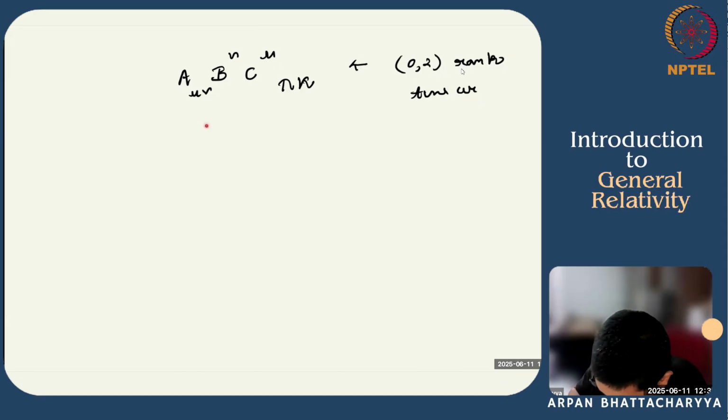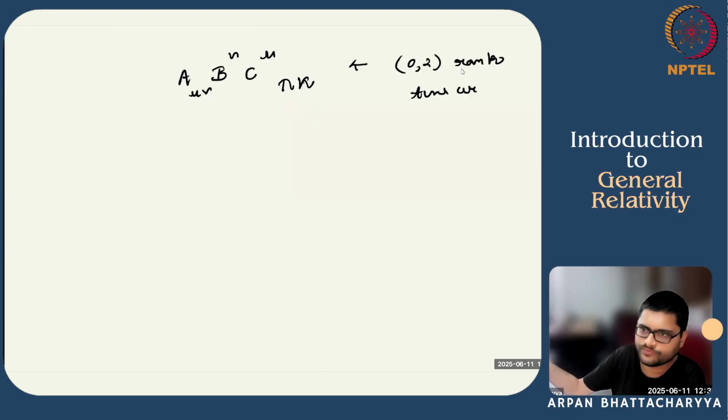So the lesson is that whenever you are doing this contraction with multiple tensors, the end product will transform according to the number of free indices. In this case, there are two free indices, which are downward, so it transforms as a component of a (0,2) rank tensor.